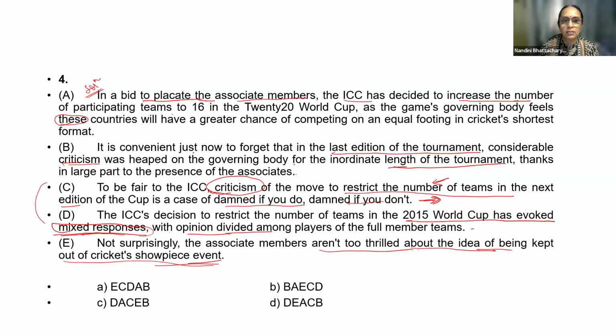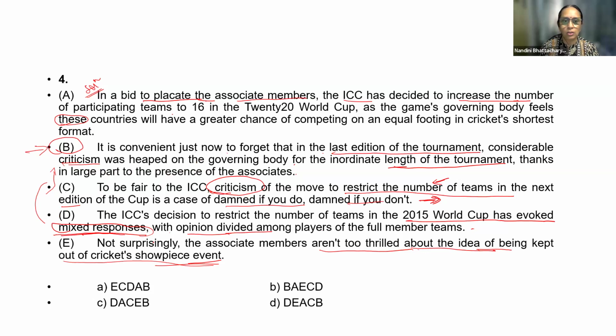B says it is convenient just now to forget that the last edition, so if we look at B, does it come as something at the end? Because it doesn't seem to be going with either B, C, or D. Or maybe C can lead to B. Criticism was heaped.